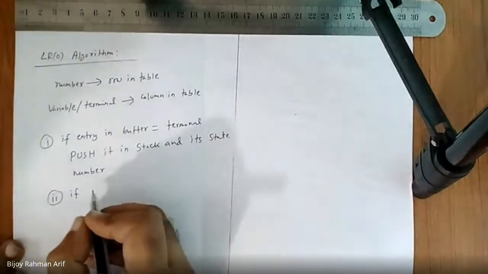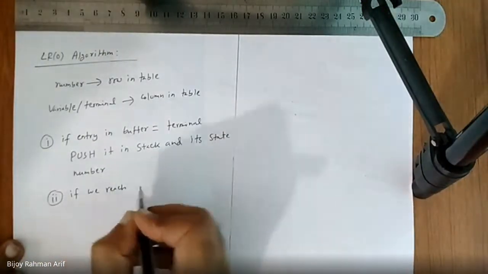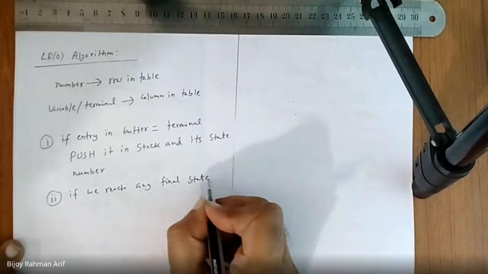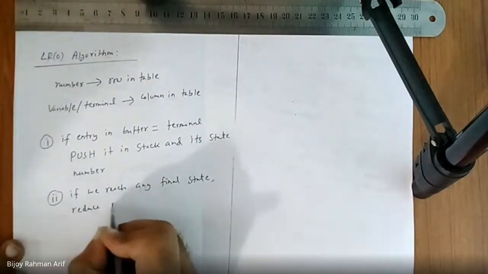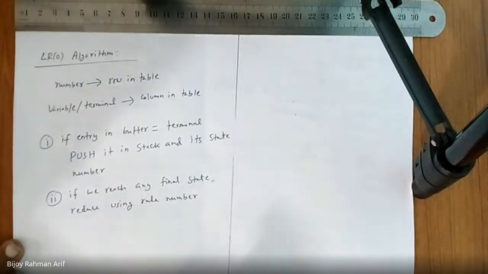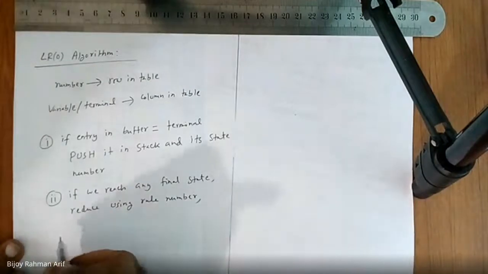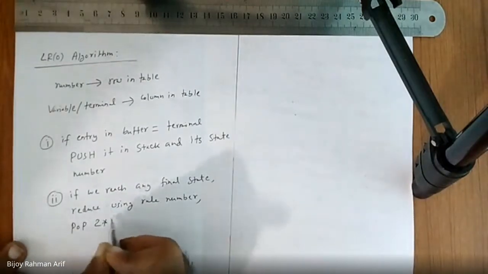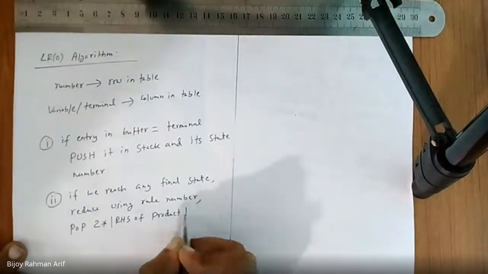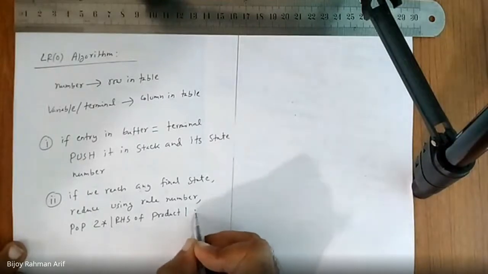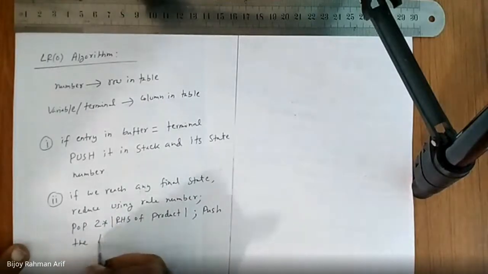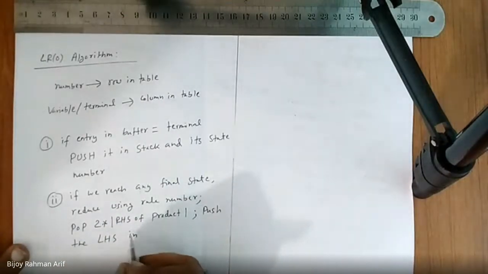If we reach any final state, reduce using the rule number, pop 2 star RHS of the production, push the LHS, which is a variable, in the stack.